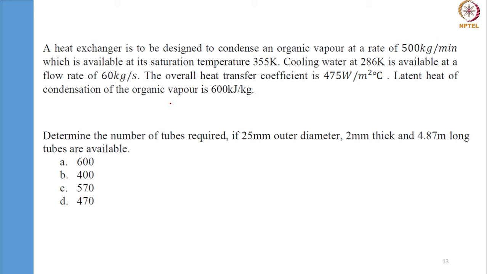Then we can do an LMTD calculation. Since we have overall heat transfer coefficient U, we can put Q is equal to UA LMTD. So U is known. So we are going to find out the number of tubes required from the term A in UA LMTD. Maybe you can try now.